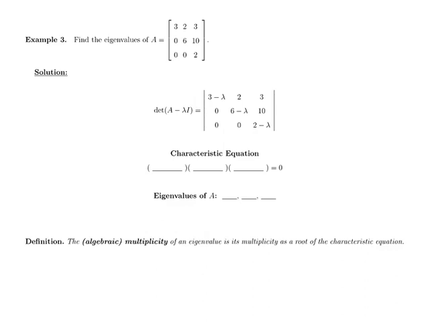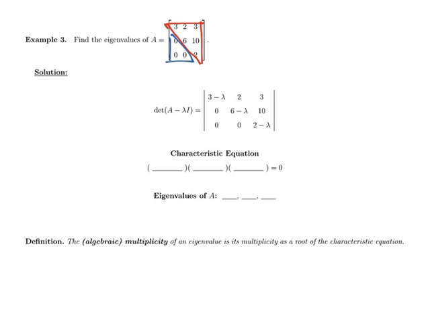So let's look at another example here. Let's find the eigenvalues of A. In this case, we have a triangular matrix, an upper triangular matrix. We can see that because all of the entries below the diagonal are 0.